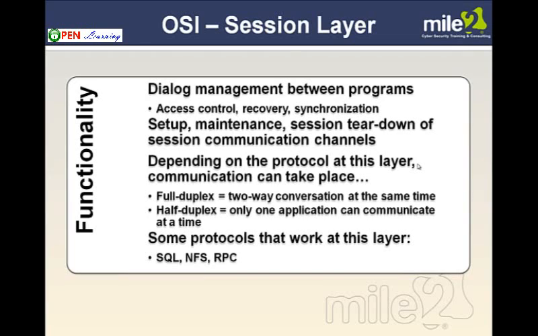We have two-way conversation at the same time, versus half duplex, where only one application can communicate at a time. Somewhat reminds me of a CB radio. You speak and you say over, and then the other person speaks, and then they say over, one at a time. Protocols that you could associate with the session layer: SQL, NFS, and RPC.